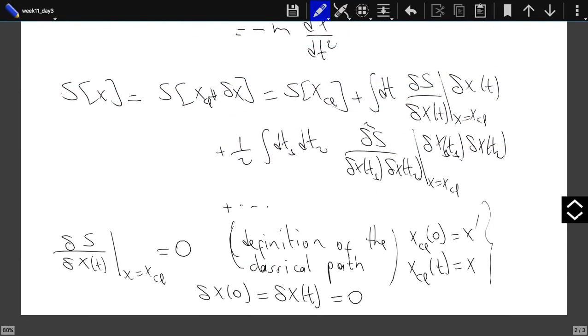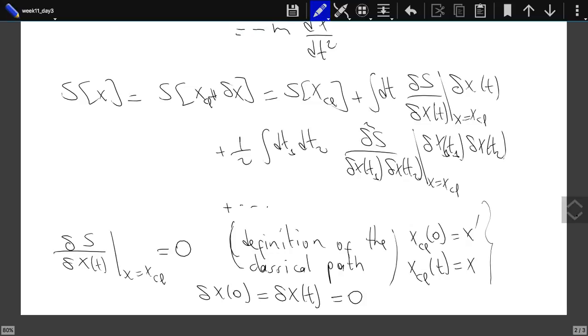And if you remember, the other terms will only receive some contributions if you have terms like x cubed in your Lagrangian. And those are absent in the harmonic oscillator.